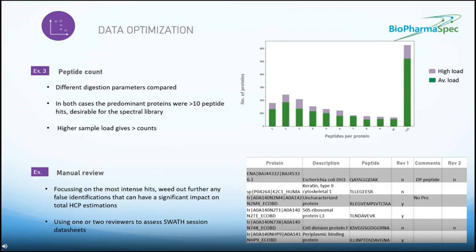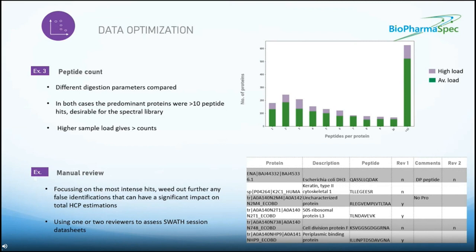So as a last point, we've written a manual review, and I just wanted to demonstrate how we do it to pick up for any errors or gaps using automated software detection. So at BPS, we start with an automated processing cleanup of the swath session export, and then we filter by CV, CV percentage, reproducibility, and scoring. And then we use a simple Excel table, which you can see on the right, where we've inserted the data into columns according to the HCP description details, peptide details, the accession numbers, the estimated amounts, although you can't see that there.